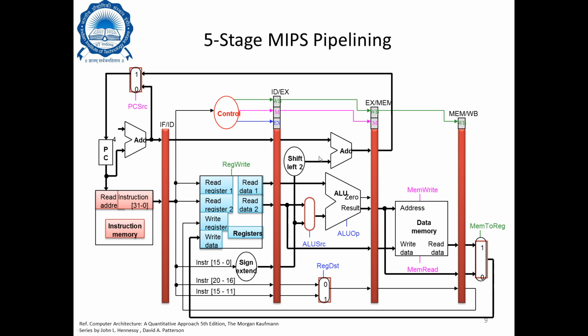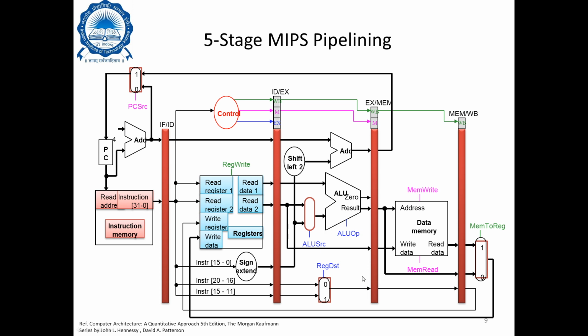We call this the ID/EX pipeline register because it is the intermediate register between instruction decode and execute. Whether we write it, whether we store any executed value, that also will be controlled by the controller. So these registers also have signals coming from the controller.